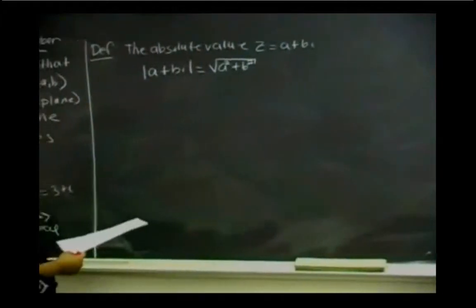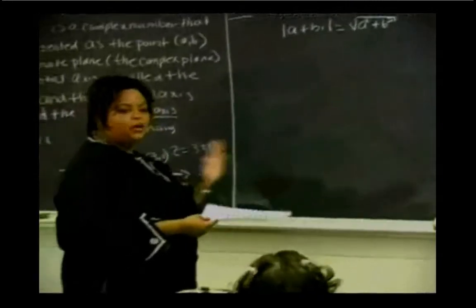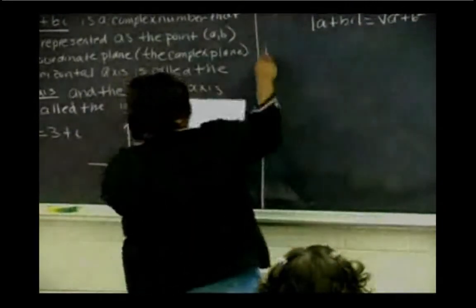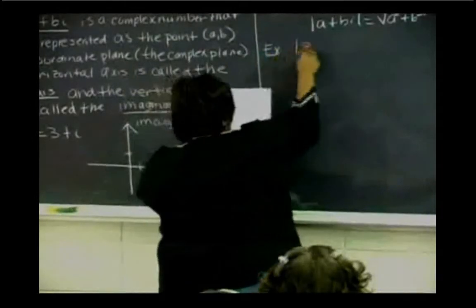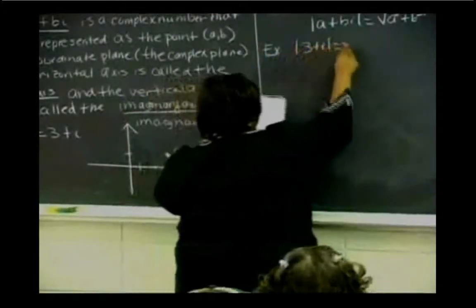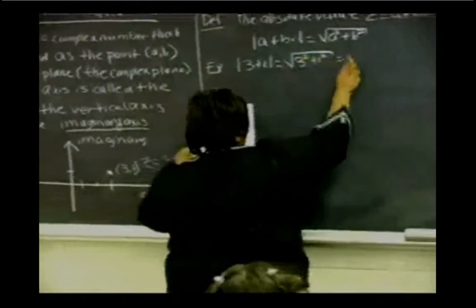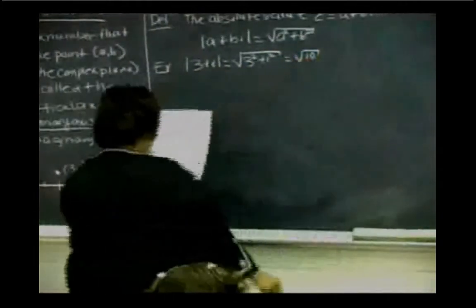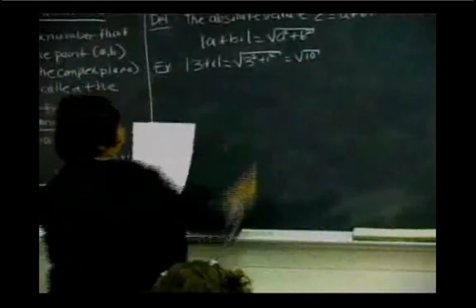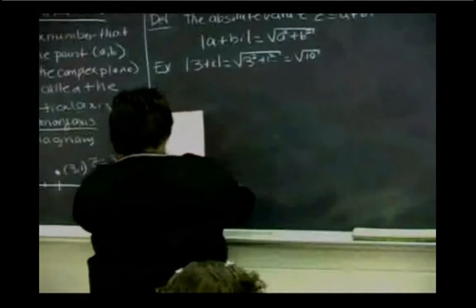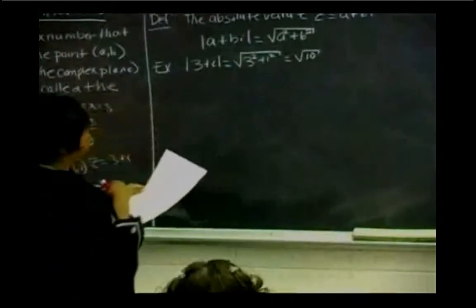Notice it's A squared plus B squared. I is nowhere involved in finding the absolute value. So for example, if we want to find the absolute value of 3 plus I, it's the square root of 3 squared plus 1 squared, which is the square root of 10, 9 plus 1.